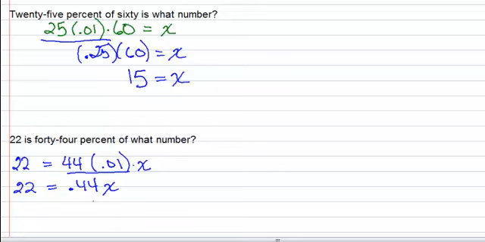It doesn't matter that it's kind of an ugly coefficient because it's a decimal. It still works exactly the same. So now we've got our x alone, and we divide 22 by 0.44, and we get 50.